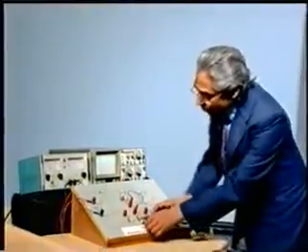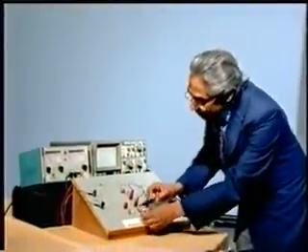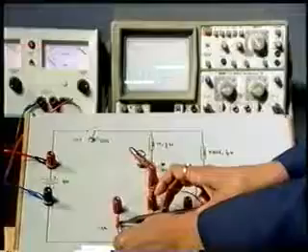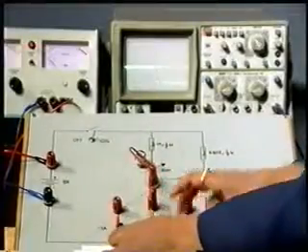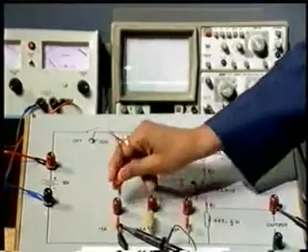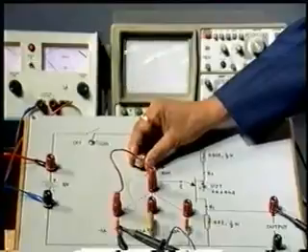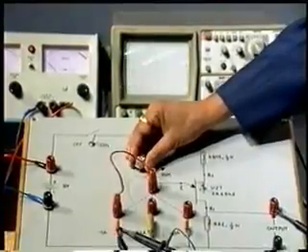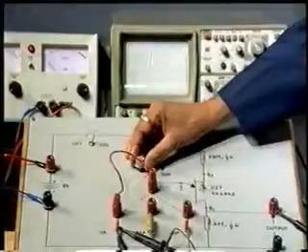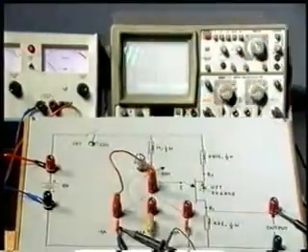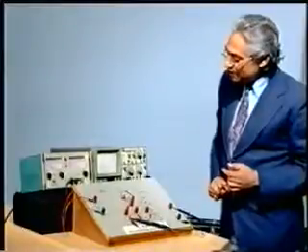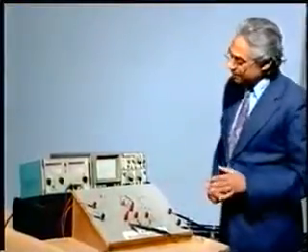I can also change it to the first capacitor, that is 0.1 microfarad. Let me connect it here. So this will be connected here, and again I can now change it. Here. So with the help of potentiometer also I can change for a particular value of capacitor.